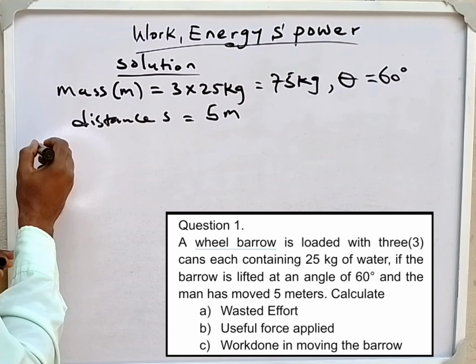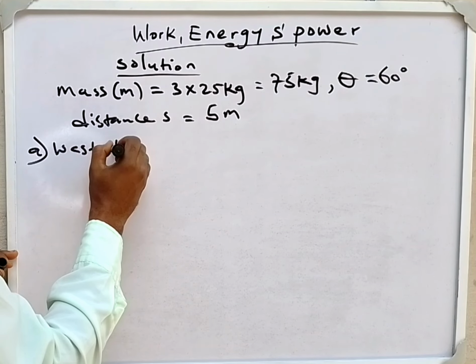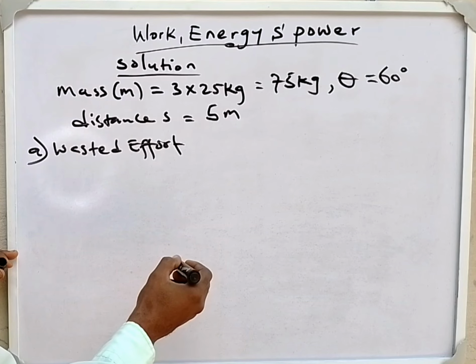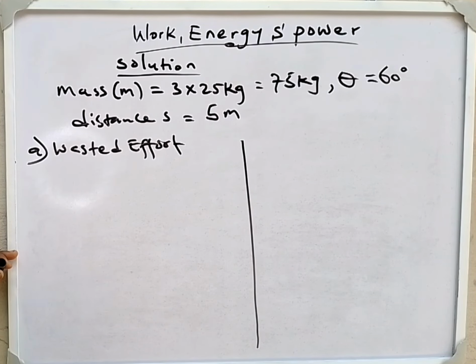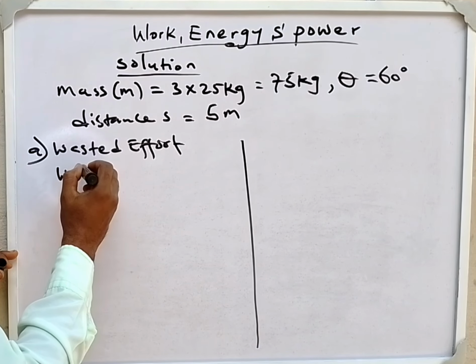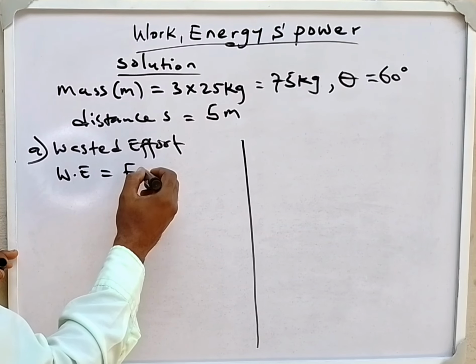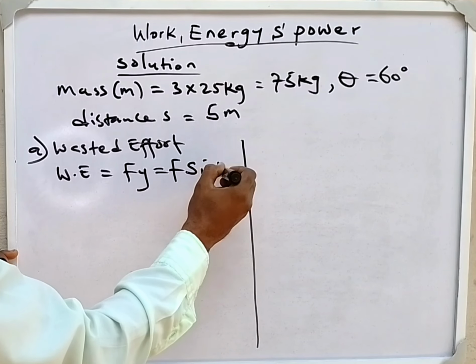So we'll take the first, A, wasted effort. We can divide this into 2 to help us solve A and B. So A, wasted effort. Wasted effort is equal to Fy, and Fy is F sine theta.